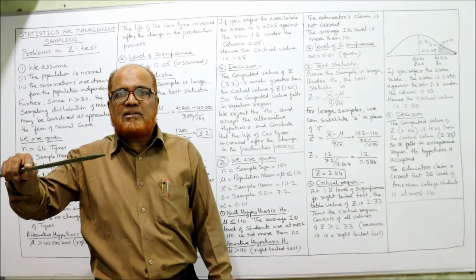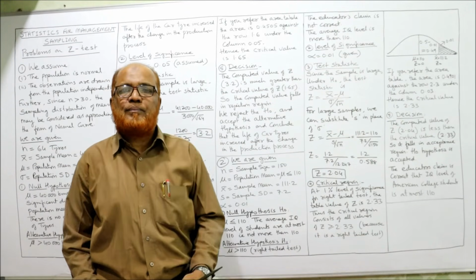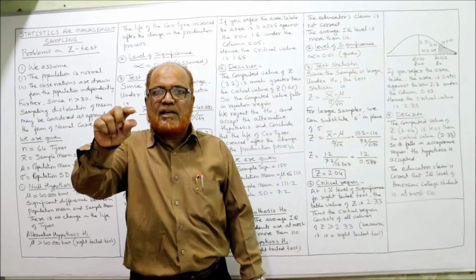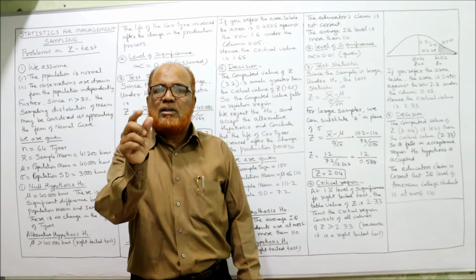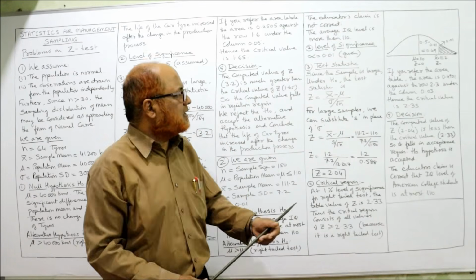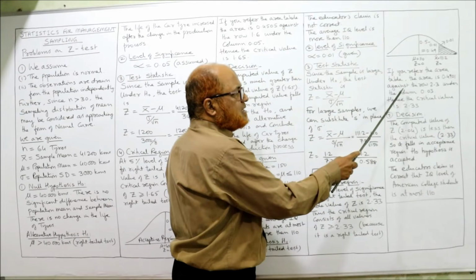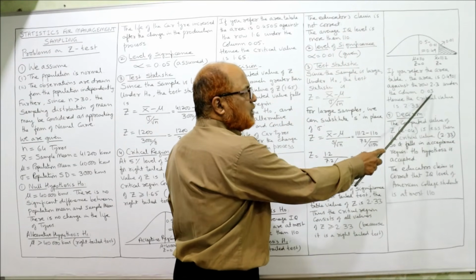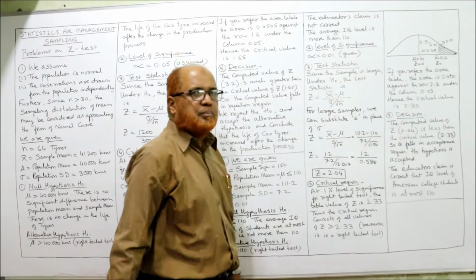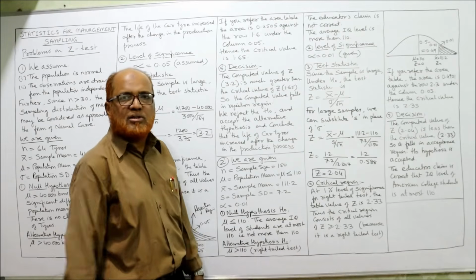Against the row 2.3 and the column 0.03, the critical value comes to 2.33. If you refer to the area table, the area is 0.4901 against the row 2.3 under the column 0.03. Hence the critical value is 2.33. That's it, this 2.33 I got.